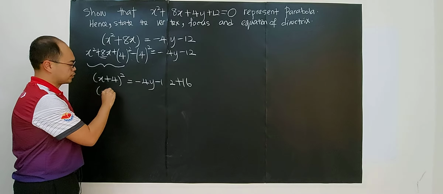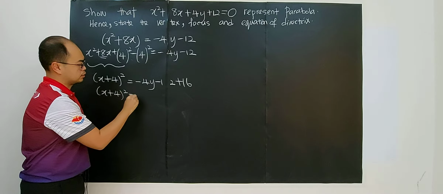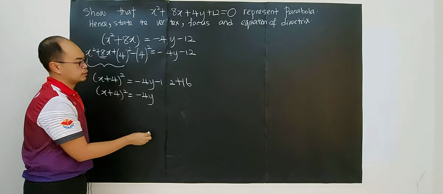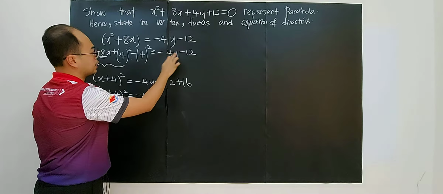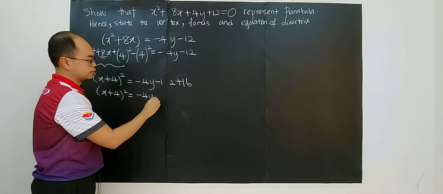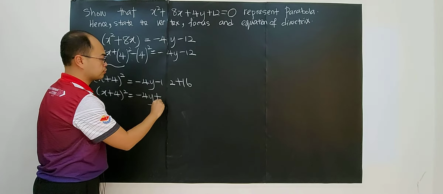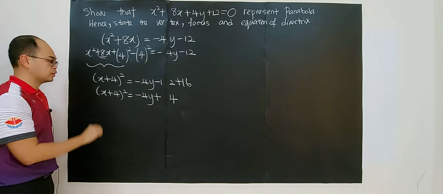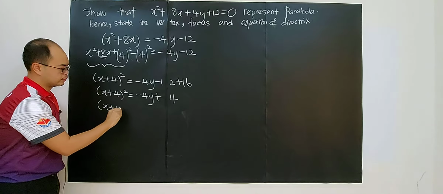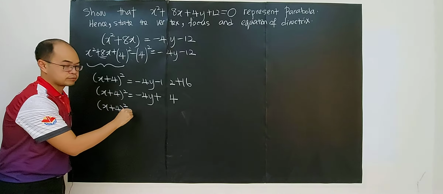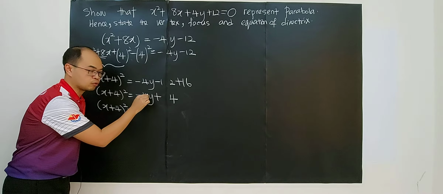So if you rearrange, you have negative 4y, negative 12 plus 16, which gives you positive 4. Rearrange again. As you want to write in standard form, you must make sure the coefficient of y is 1.